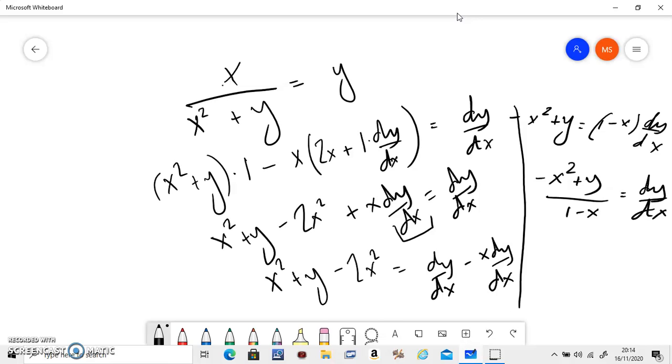And this bit here is your answer. A little bit difficult, but remember, when you have 2 dy by dx terms in the problem, get the dy by dx on one side and everything else on the other side, then take the dy by dx common and then divide by the bracket. That will give you the answer. Okay, I hope that makes sense, and any questions you can type in below.